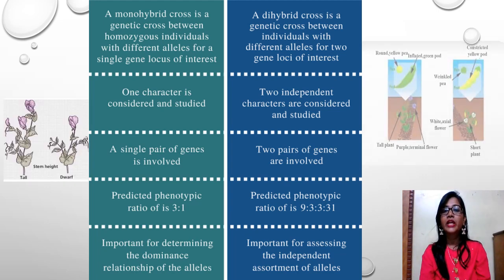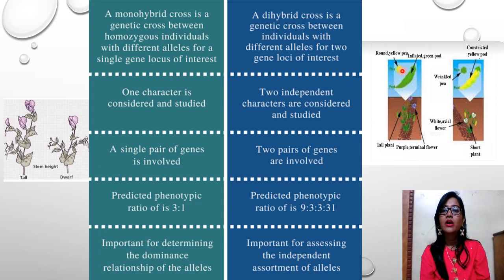In the dihybrid cross, with round yellow pea seeds, both the color of the seed and the shape of the seed are considered, while in the monohybrid cross only one character is considered.